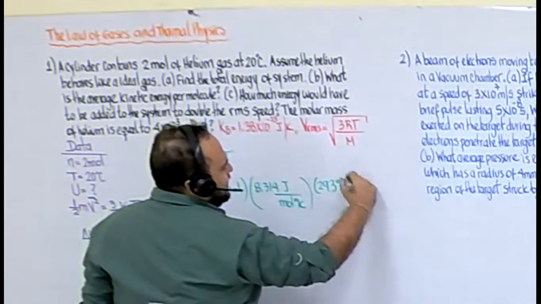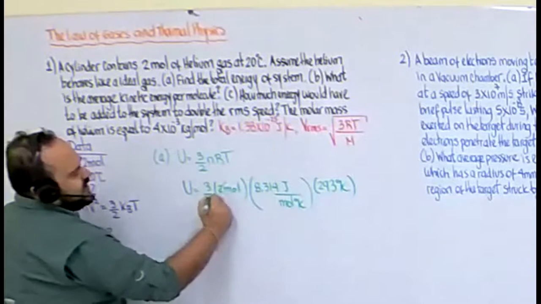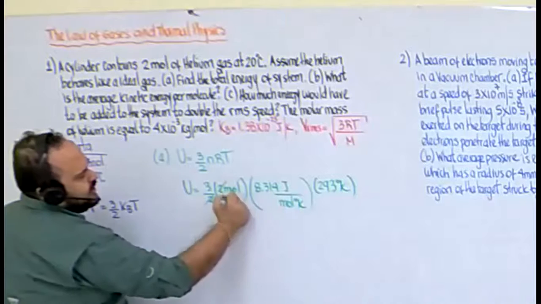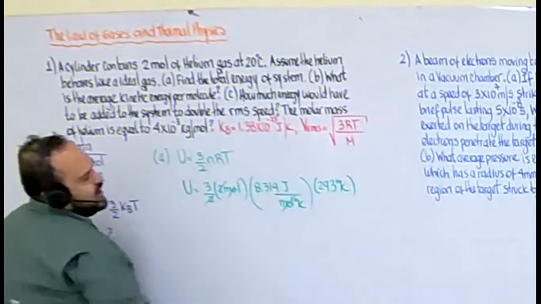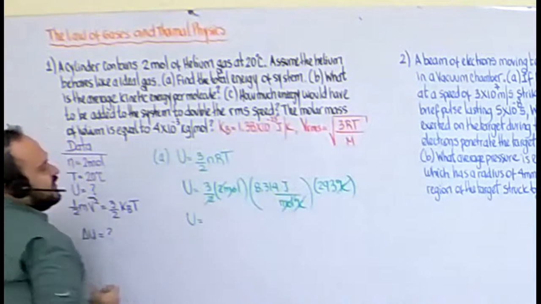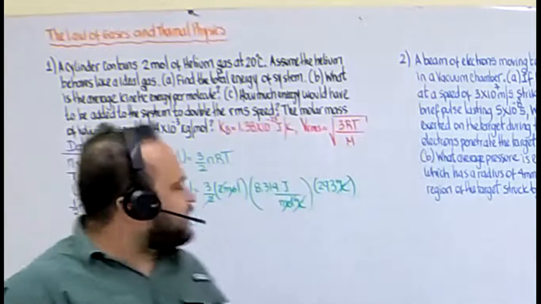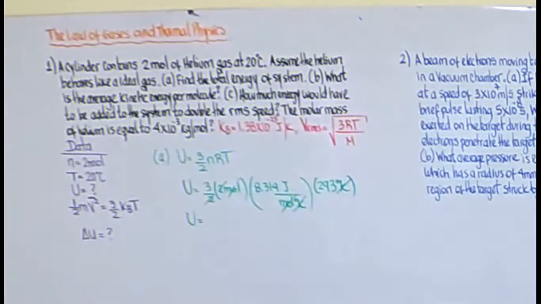293 Kelvin degrees. If you see, this number 2 can be canceled with this number 2. The moles can be canceled with moles and Kelvin degrees with Kelvin degrees. And we can just multiply 3 times 8.314 and also by 293. So in this case, we have 3 times 8.314 multiplied by 293.